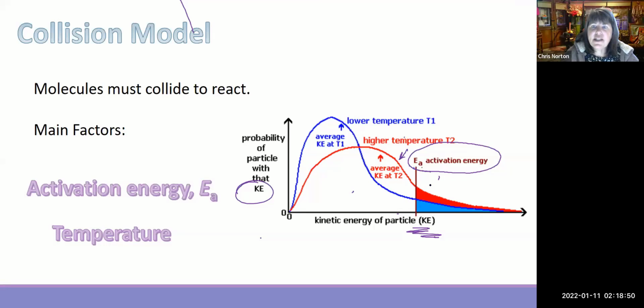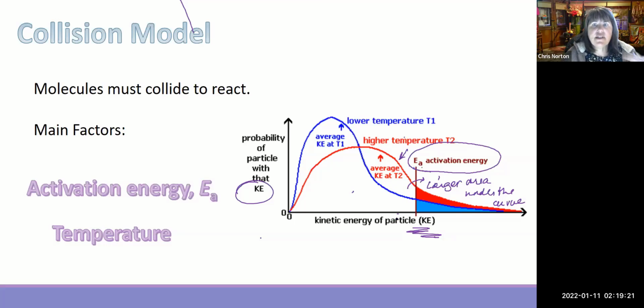So for the red line, we have a larger area under the curve, which, as Daryl correctly stated, means you end up with more particles over the activation energy threshold.